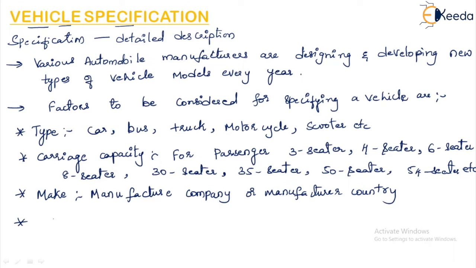Then we will see the model. The year of manufacture or the specific code number which is allotted by the manufacturer comes under this model. For every model of vehicle there will be a code number which will be allotted by the manufacturer.